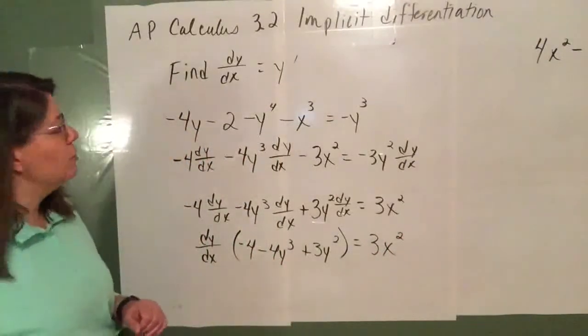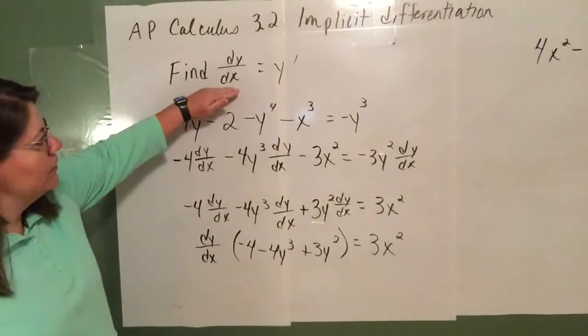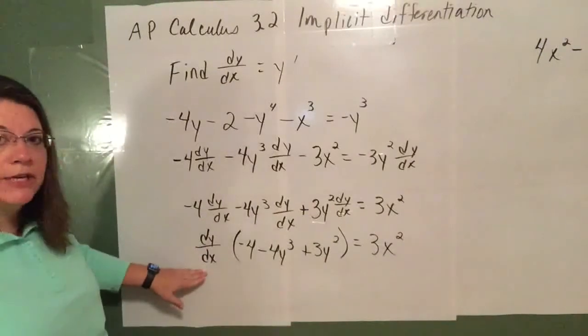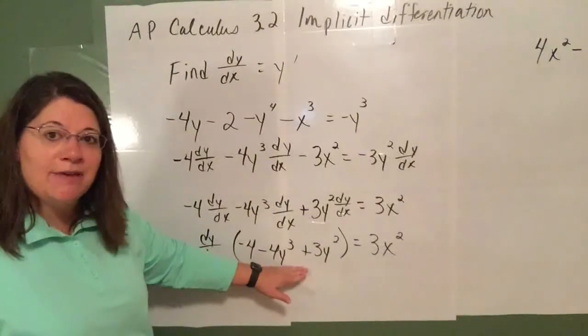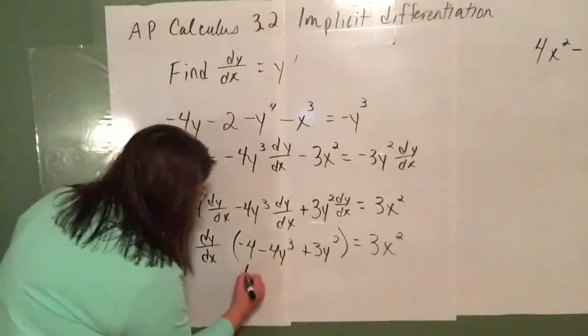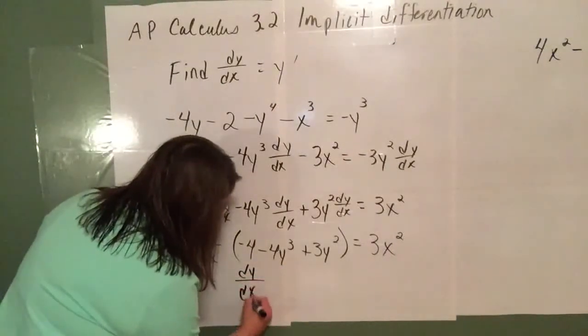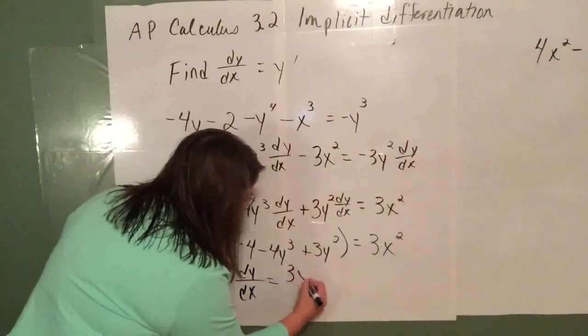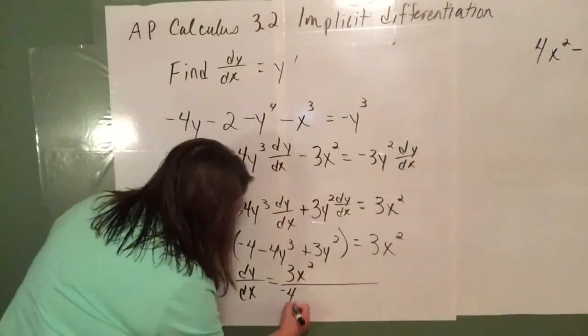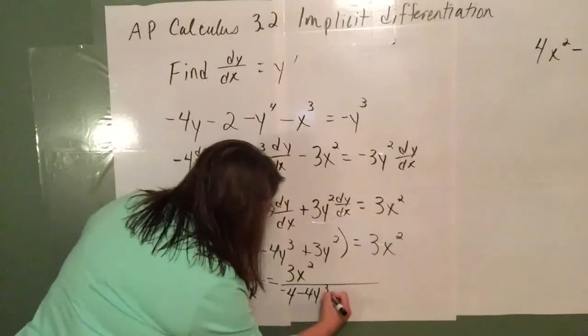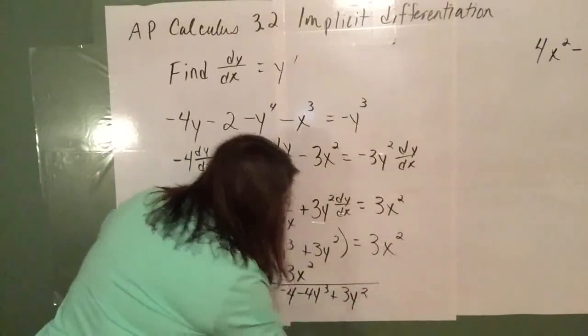So if my directions are to find dy over dx, to get dy over dx on this side alone, all I have to do is divide by everything that doesn't have a dy over dx. So dy over dx equals 3x squared over all of this mess: negative 4 minus 4y cubed plus 3y squared.